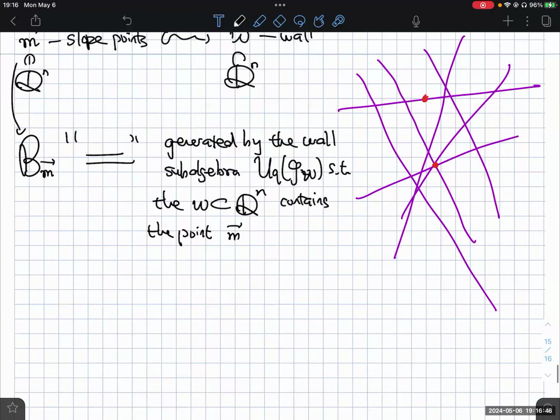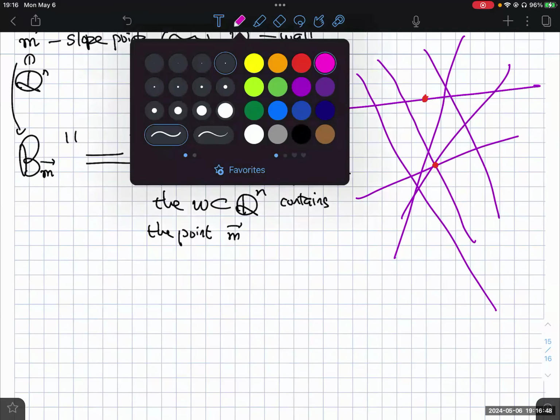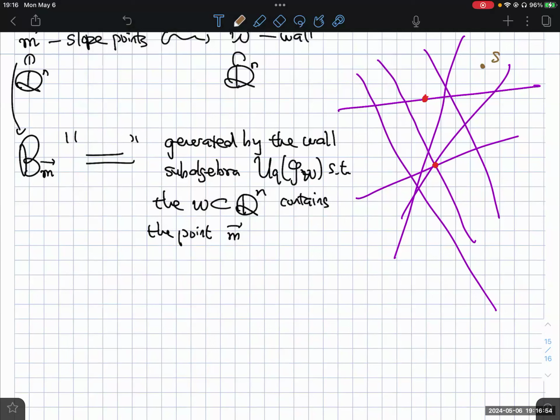If I take one of the slope points and another slope point s minus L, if I choose the generic path, so for example, let's suppose that we take some bad path.